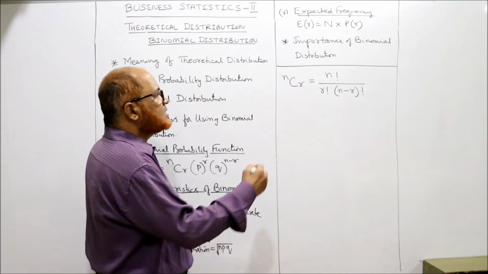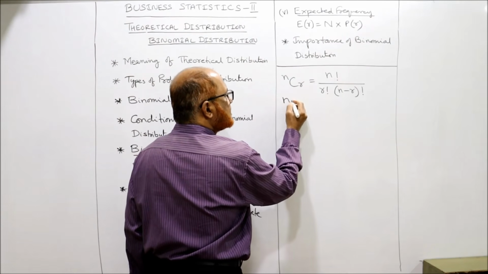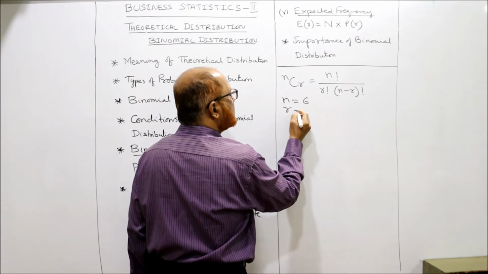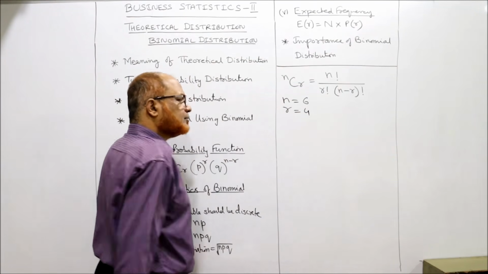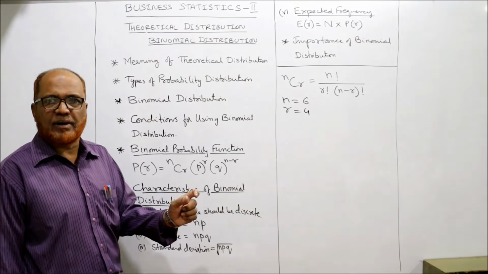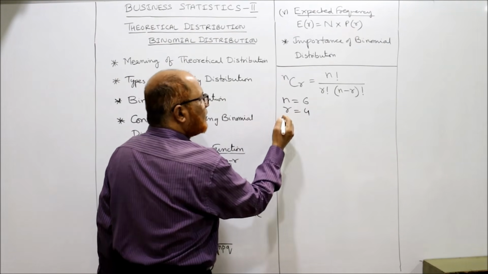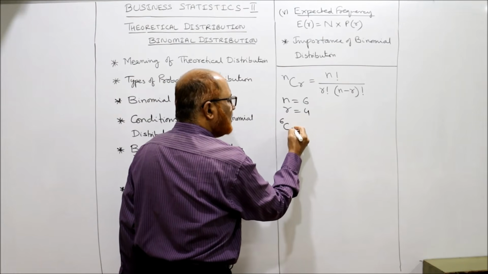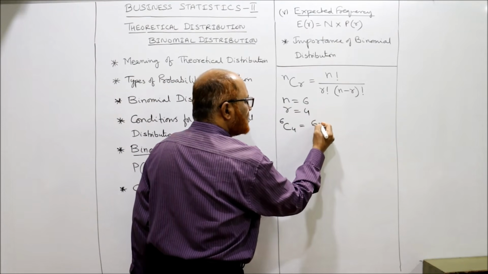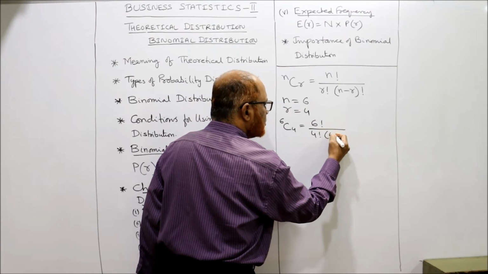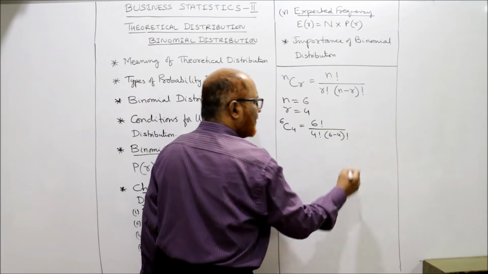Now NCR. Let us take n is equal to 6 and r is equal to 4. Suppose I'll take an example. So here we can write 6C4 is equal to 6 factorial divided by 4 factorial into 6 minus 4 factorial.